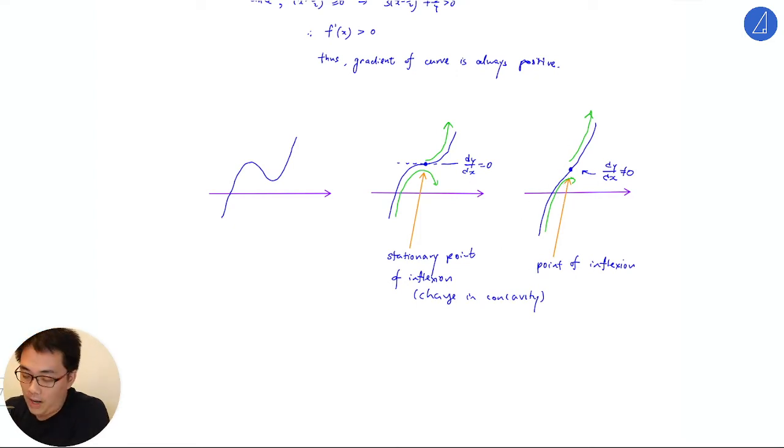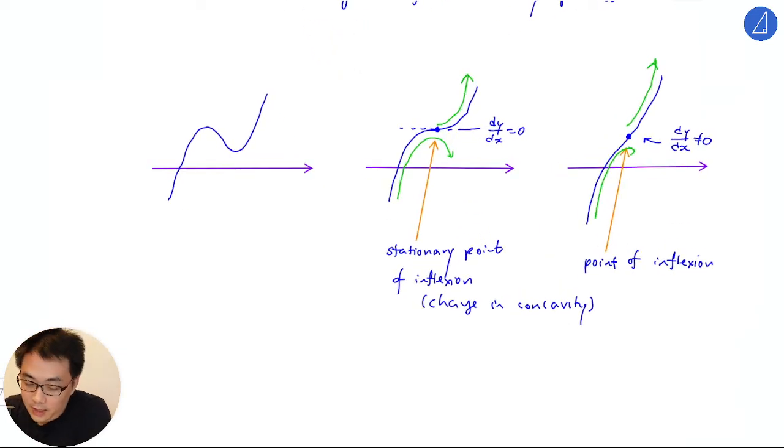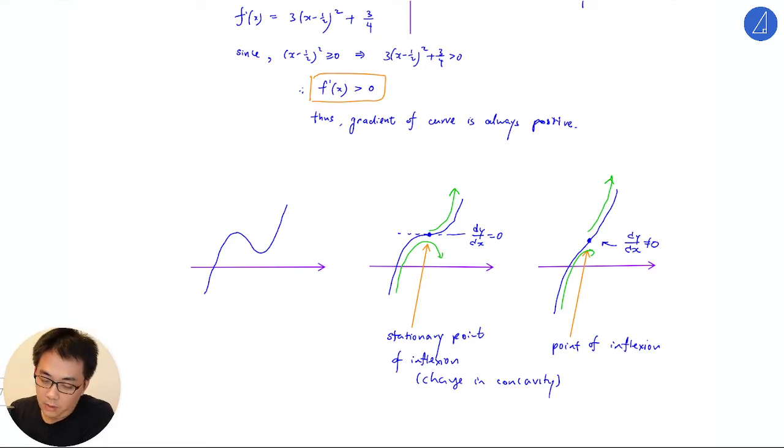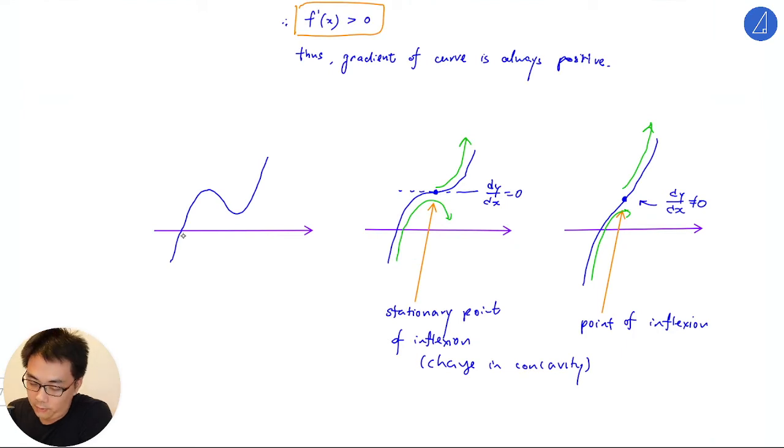But there's only one which is called stationary point of inflection, when this value here is dy/dx equals 0. So if our f prime x is always positive, which case are you looking at? The question is asking you to decide which one it is. This one, obviously, the gradient is not always positive. You have one positive here, then you have one negative here, then go up again.